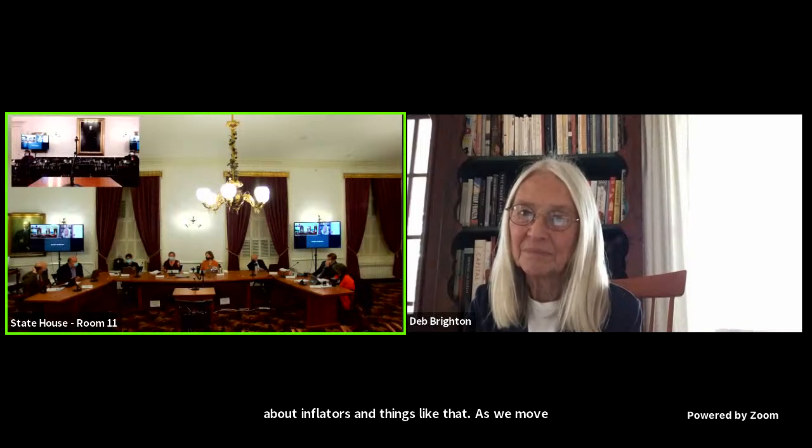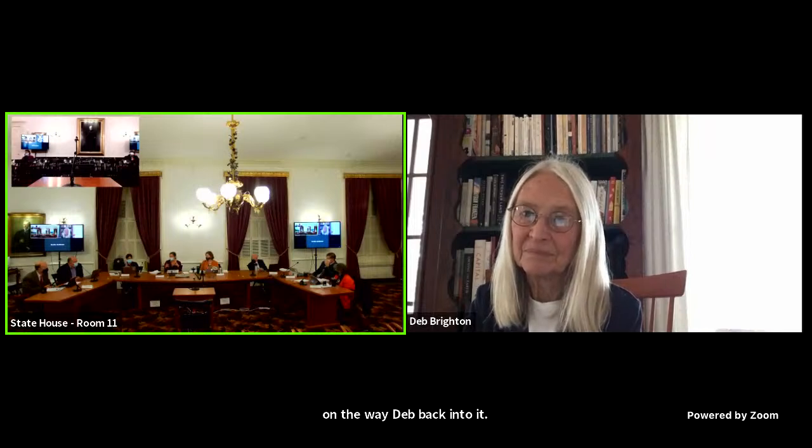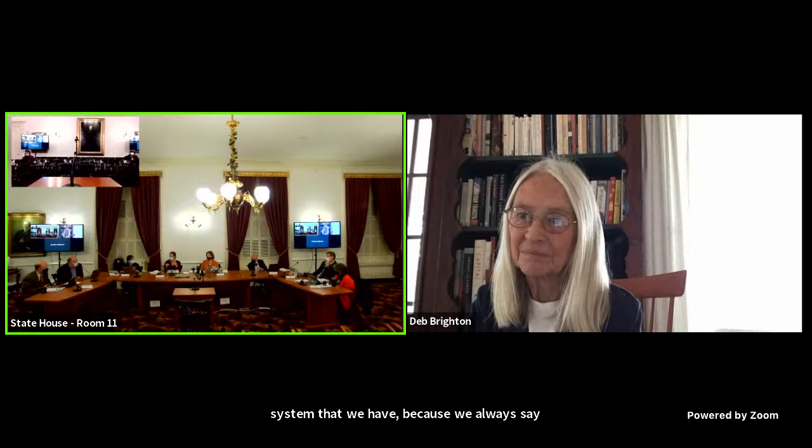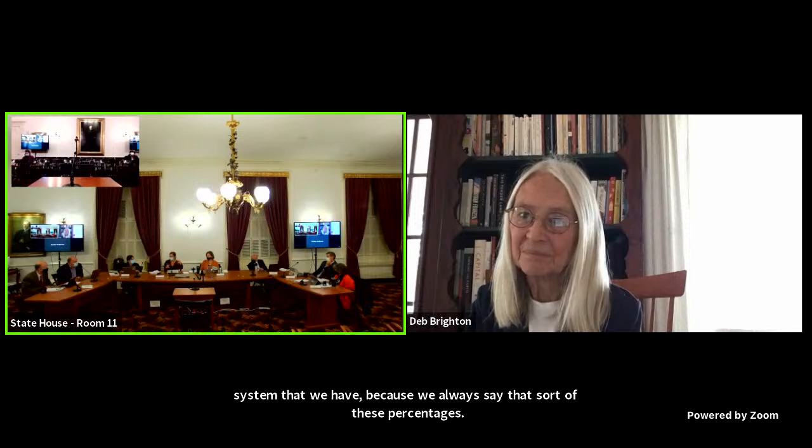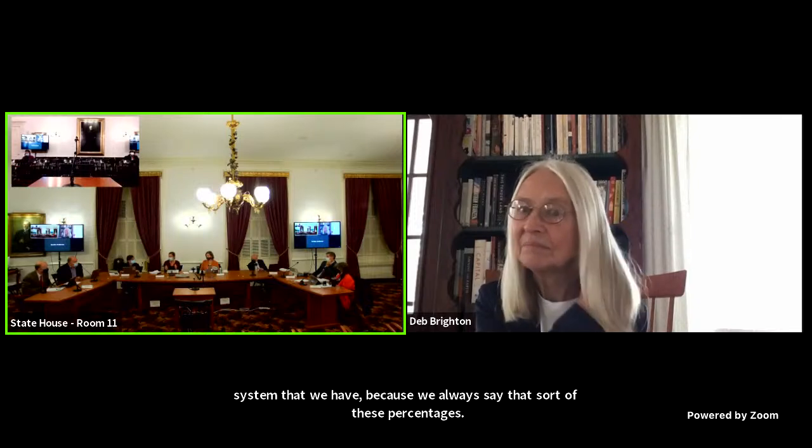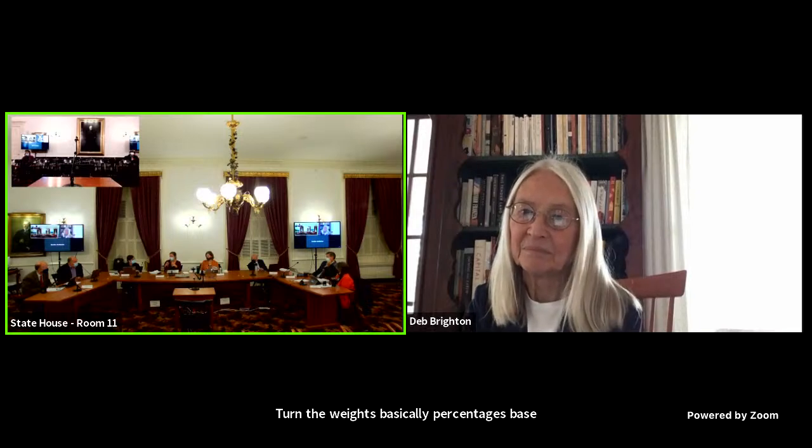On the way Deb backed into it, the 60-30 or whatever the ratio is, is like a self-contained system that we have, because the weights basically create percentages based on the amount that we're spending that then continues to shift over time. So it becomes a more self-contained educational spending system.